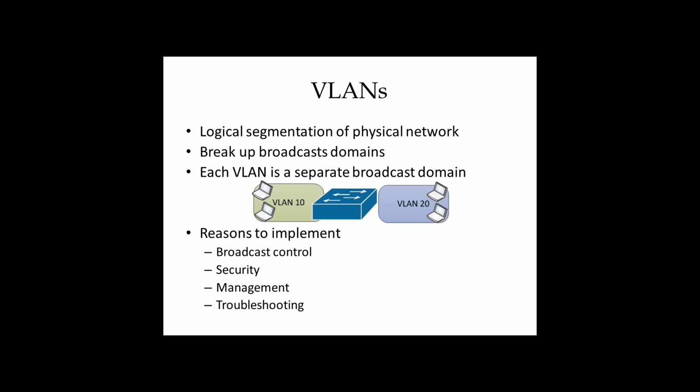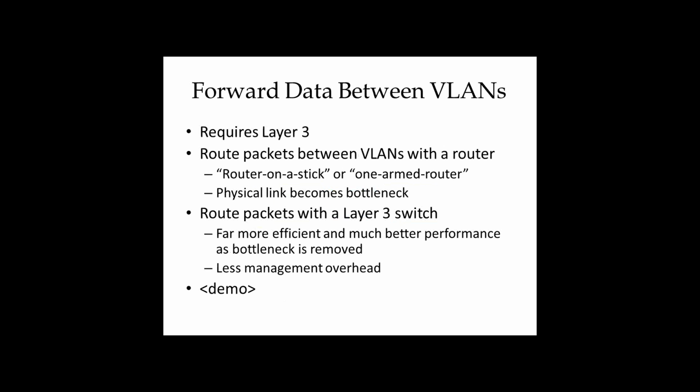Now, the challenge with that is that it becomes a performance issue. We're basically adding two additional hops to the network path in order to get traffic from one VLAN to another. So the way we decrease the number of hops and potentially get better performance is by bringing that routing functionality into the switch.